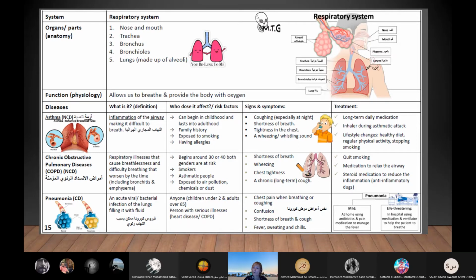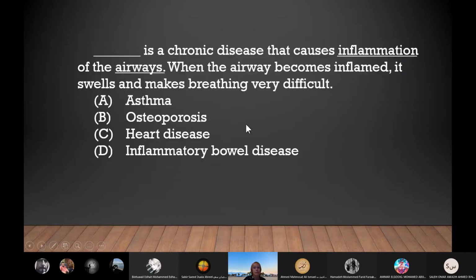If you have an infection, of course, you might have fever and sweating and chills. Okay, so if you have mild pneumonia, it can be treated at home with antibiotics, but sometimes it is life-threatening, just like COVID-19 is affecting your lungs, and you would have to be on a ventilator in a hospital. Okay, so that is the respiratory system.